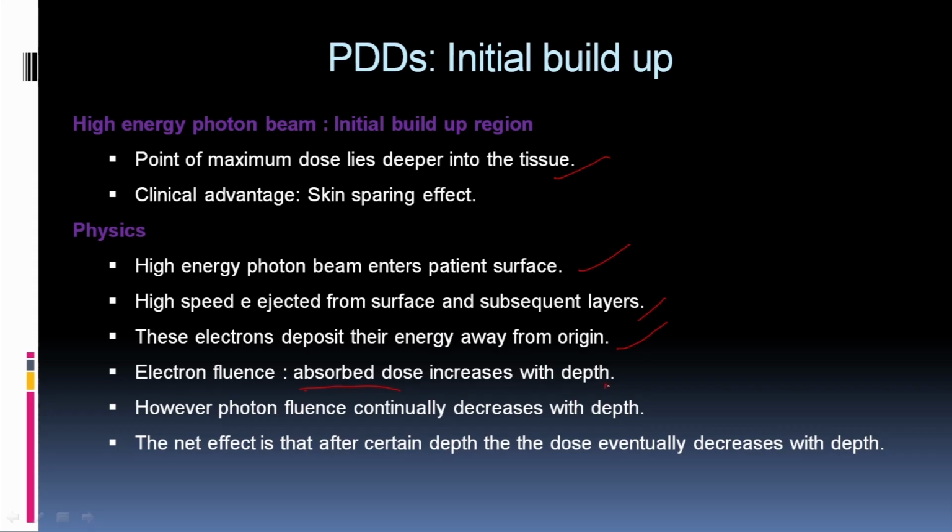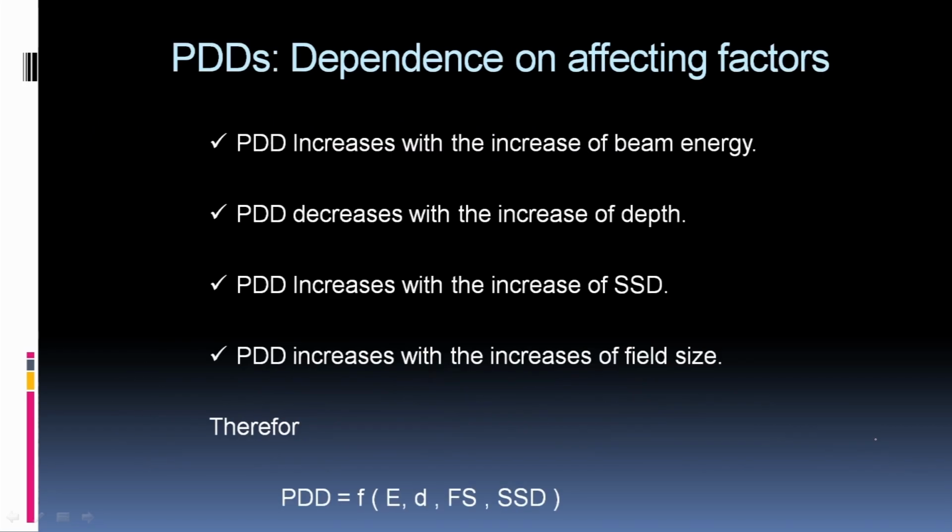However, the photon fluence continuously decreases with the depth because of attenuation, as we discussed during our interaction classes. The net effect of the reduction of photon fluence and the increase of electron fluence is that after a certain depth, the depth dose eventually decreases with the depth. So this is the physics behind the initial buildup.